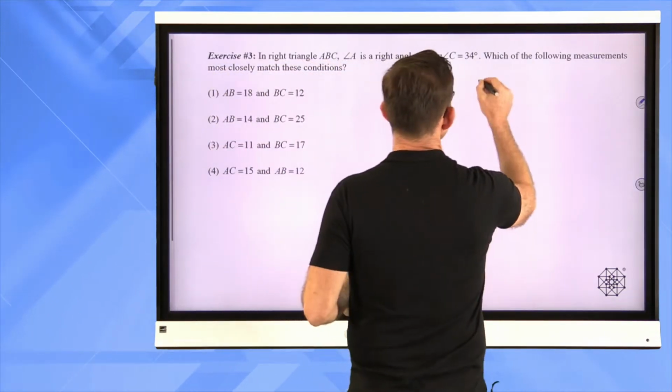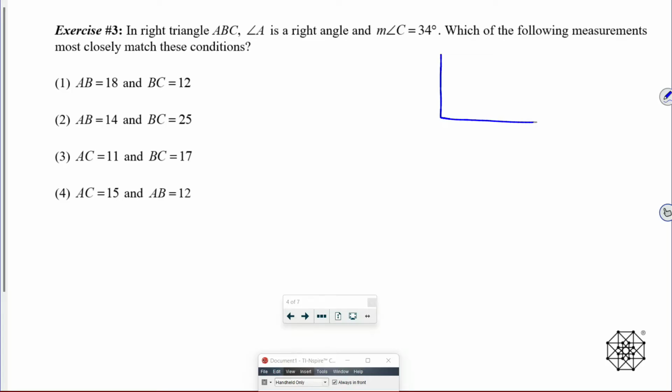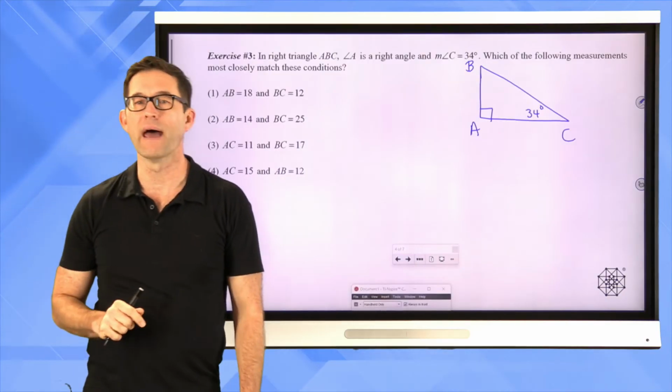So let's just get that drawn out. Okay, so I've got my right triangle. A is a right angle. C and B. C is 34 degrees, and I don't really care what B is for right now.